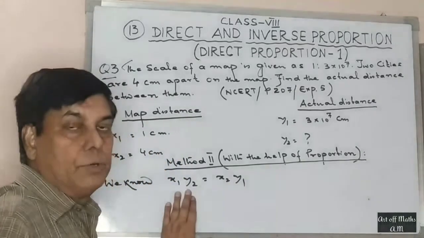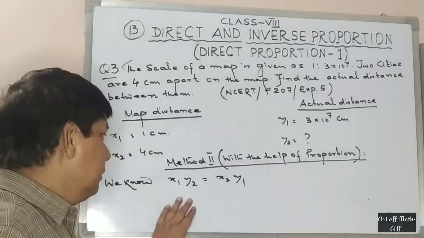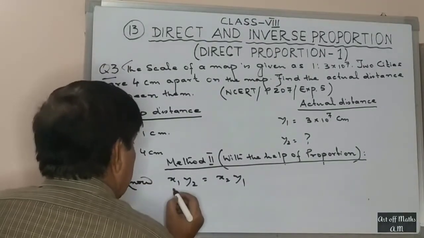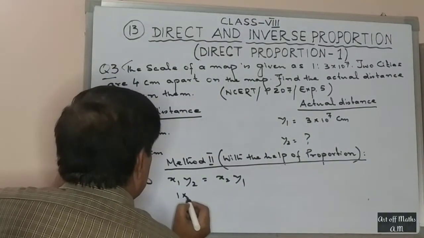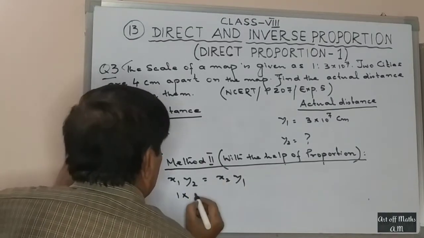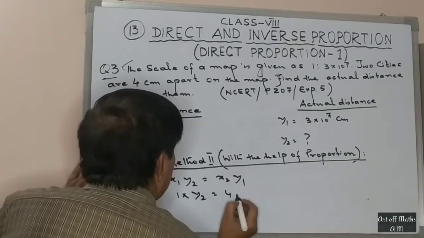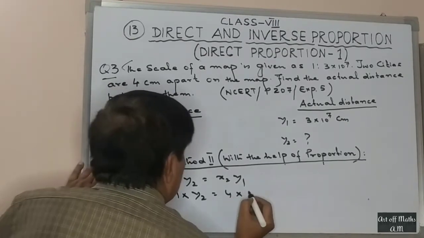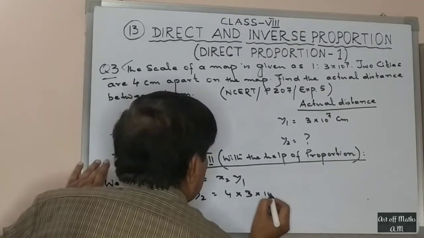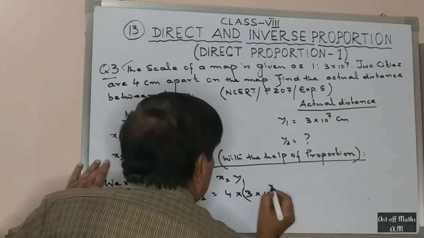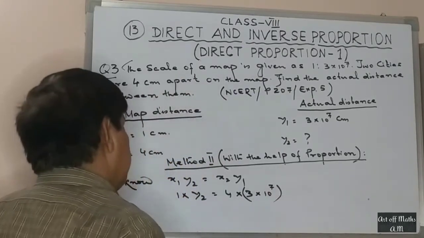Just remember this formula. What is x1? 1 into y2 equal to x2, that is 4 into y1, 3 into 10 to the power 7.